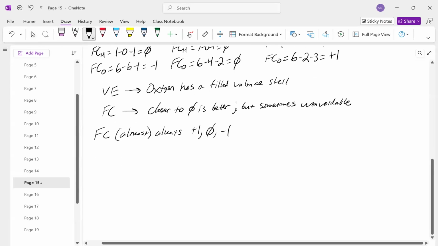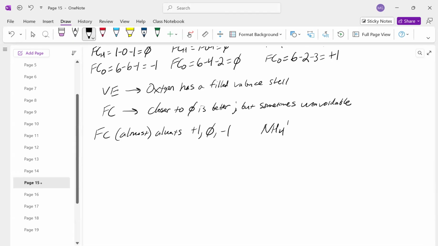Now, before we move on, let's look at the ammonium polyatomic ion. Now, on that table, I want you to memorize ammonium is NH4 plus 1 charge. Let's see if we can figure out where that charge is at. So here's the Lewis structure for ammonium.